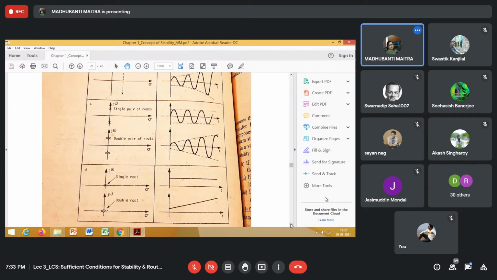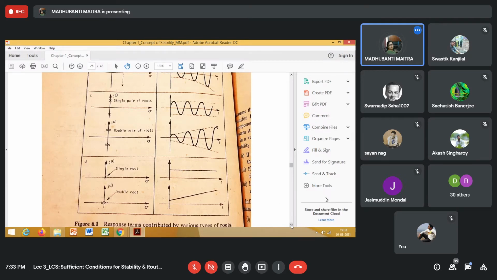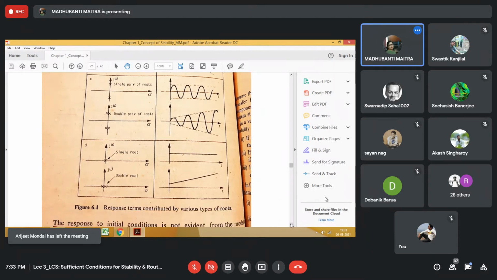For a repeated complex conjugate pole pair on the imaginary axis, the output response will be like this. The output response is increasing towards infinity; it is becoming unbounded. At the origin, the output is constant, and for a double pole at the origin, the response will increase like this.